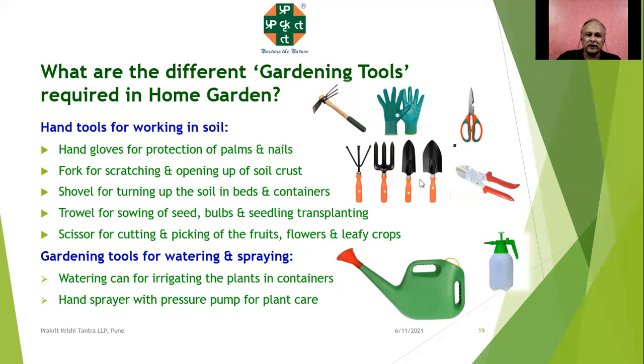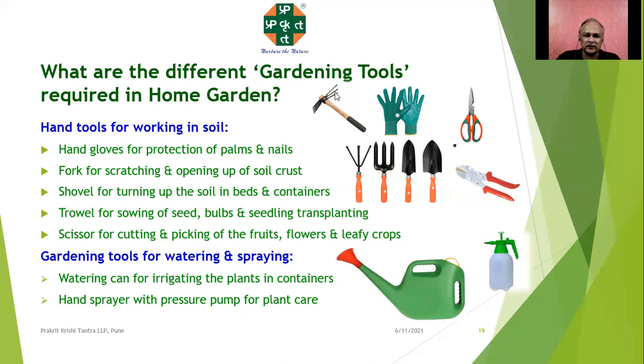And then different kinds of tools are there, like shovels, trowels, and forks for scratching the soil, and then this kind of fork is also there. Yes, a small size spade, and then fork. This is for digging the soil.